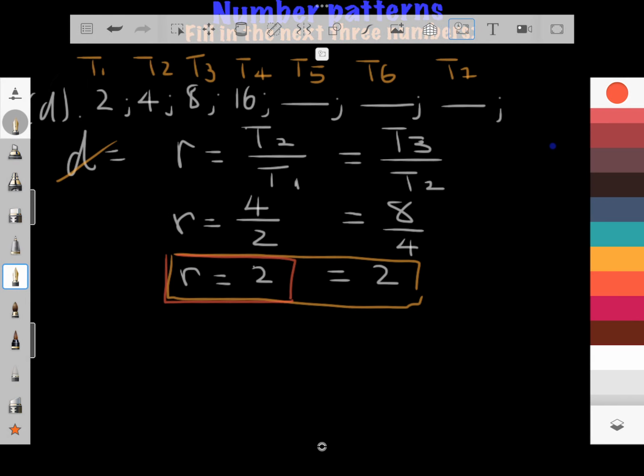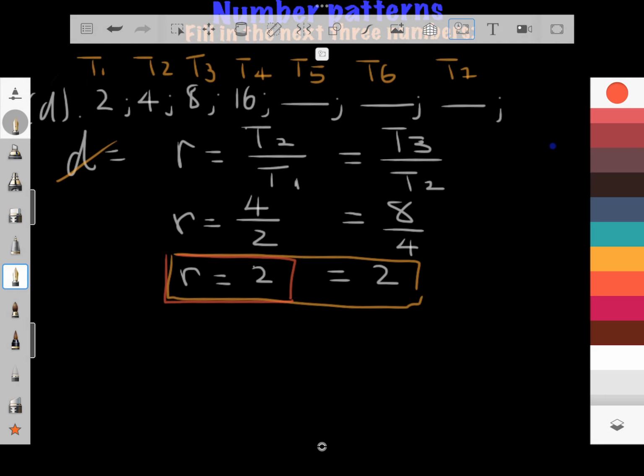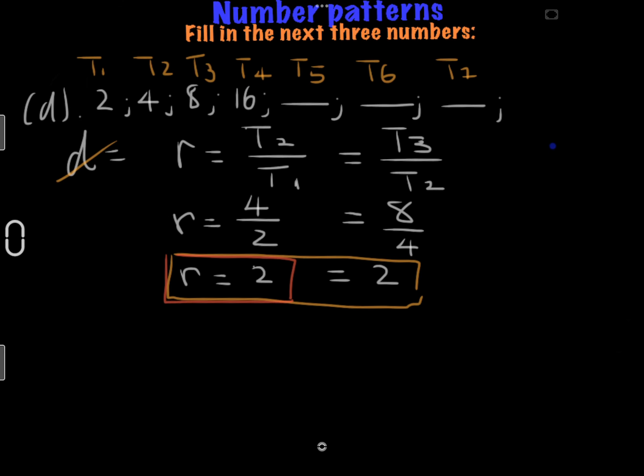Now, to move forward, I need to first convince myself that I'm dealing with ratios, or a geometric pattern. Now it is valid to find our first value. A in this case is simply 2.